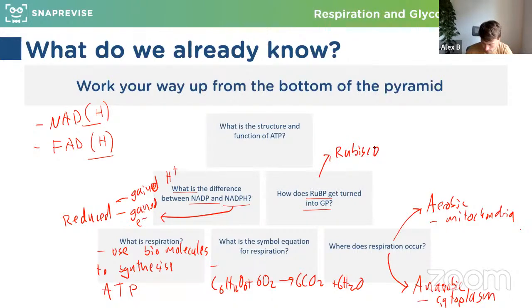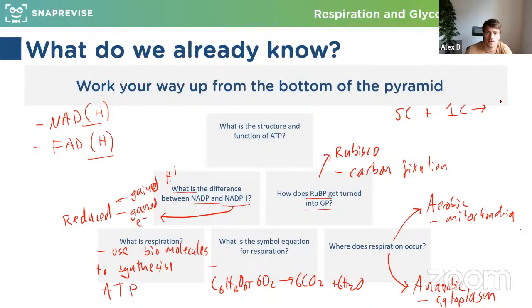Nice. Yeah, the step is called carbon fixation. And basically 5 carbon RuBP plus 1 carbon CO2 get combined to make a 6 carbon molecule.